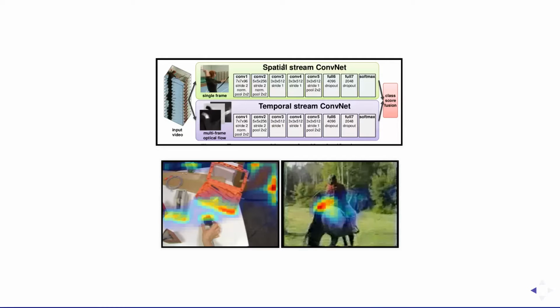Action recognition networks are composed of two streams, which are effectively two separate networks. This is an architecture from 2014 designed by Karen Simonyan and Andrew Zisserman. One network looks at a single frame, so you can see here we're looking at an archer drawing a bow, and the other network looks at a stack of optical flow.